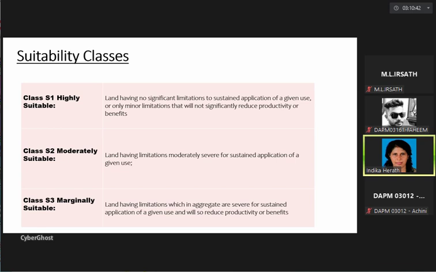For example, you can have raised beds, sunken beds. So you can do some changes, but for the perennials, you can't do it. Let me explain it in red.